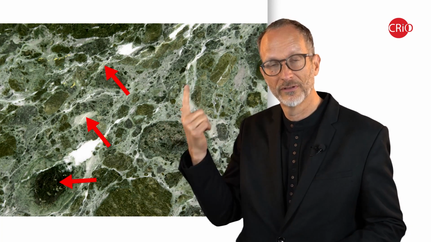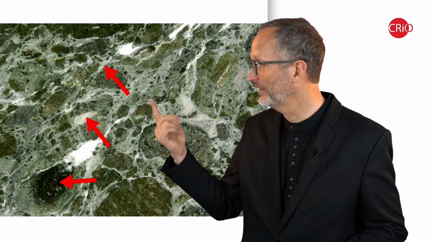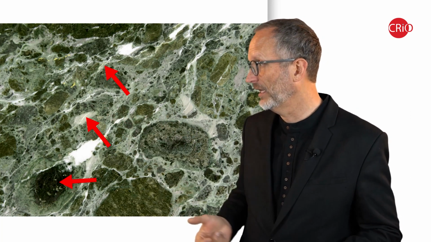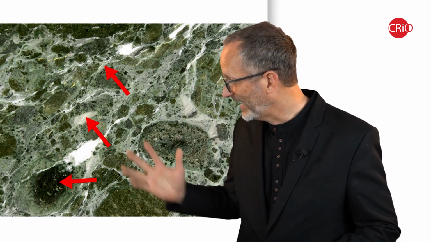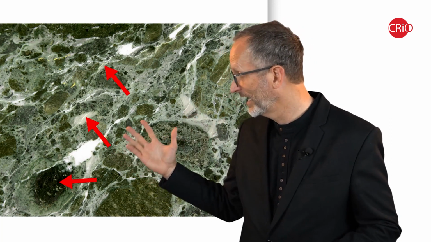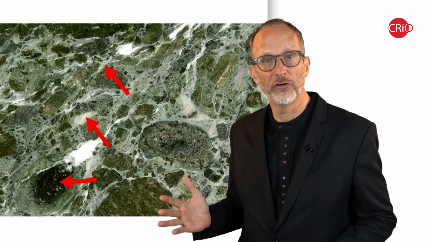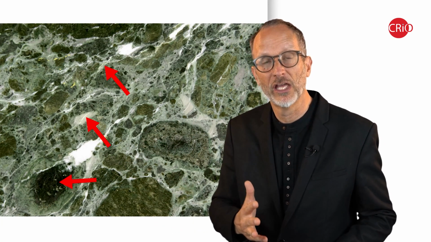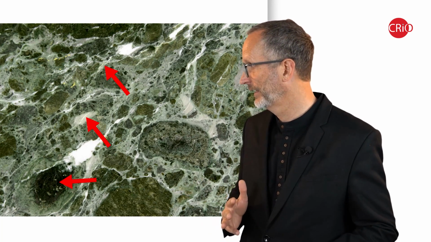Oldest, dark blobs, a little bit younger, the light-colored granite material, and then everything is overprinted by these veins. That is how the principle of components gives us a story of which came first and what sequence of events just by looking at the details.